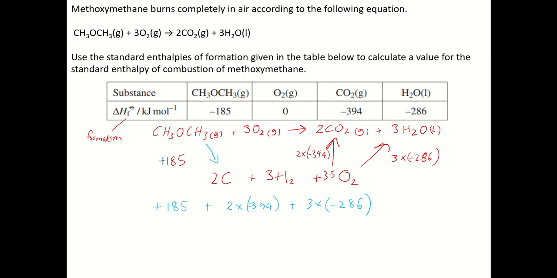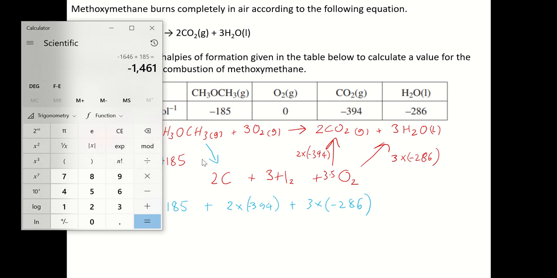And I'm going to pause here and let you guys calculate and see what value you get here. And also bear in mind that it's burning in oxygen, so you know it's going to be a combustion reaction. So the delta H should be negative anyway. So I'll get my calculator out and let you guys calculate this as well.